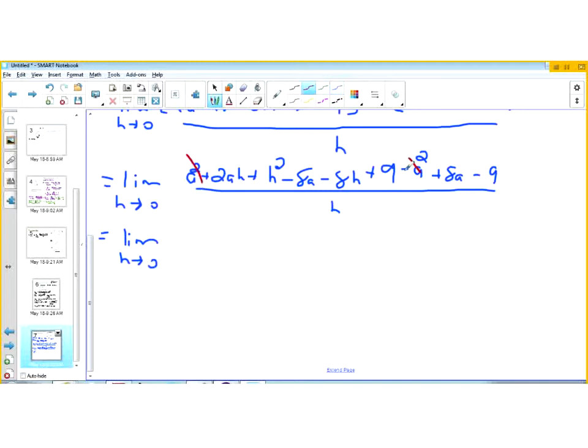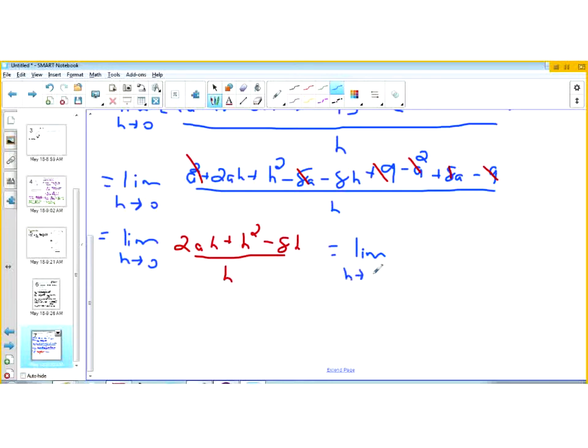And so that would equal the limit. We'll simplify the numerator now. The a squares cancel. The 9's cancel. The 8a's cancel. And so we're left with 2ah plus h squared minus 8h over h.